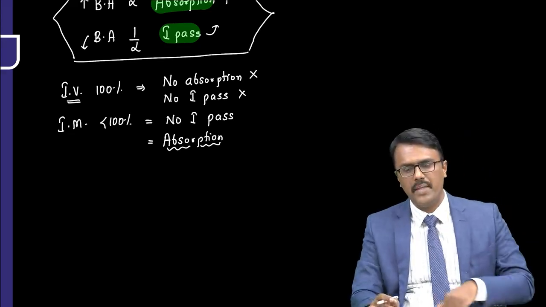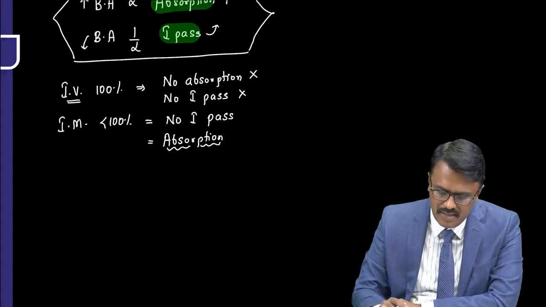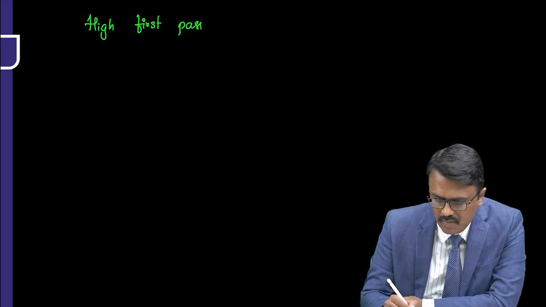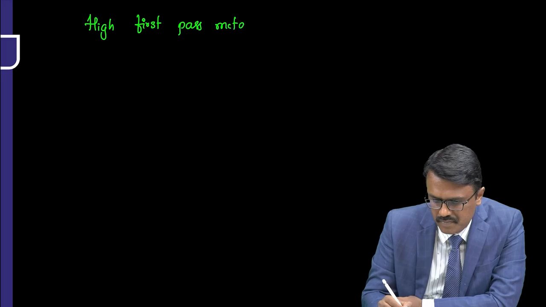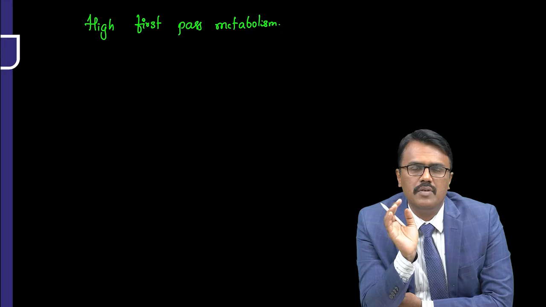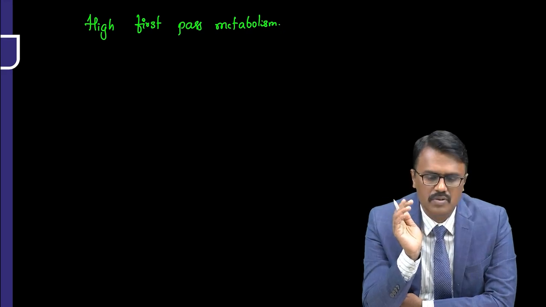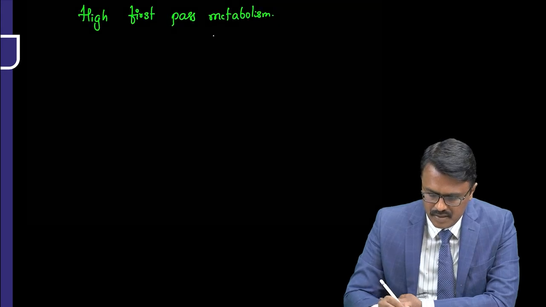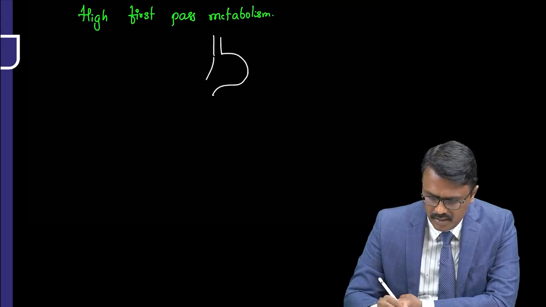Fine. Now the next point we need to understand is there are certain drugs which have high first pass metabolism. What do you mean by that? Now you take the example here. Suppose I come back to the same diagram. Let me write the same diagram here.